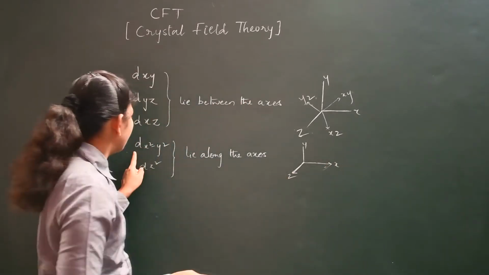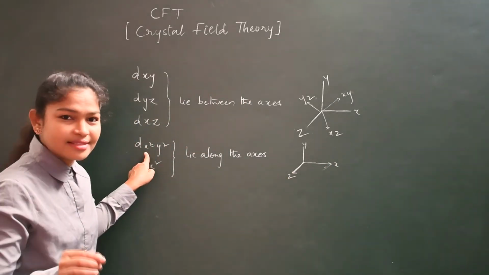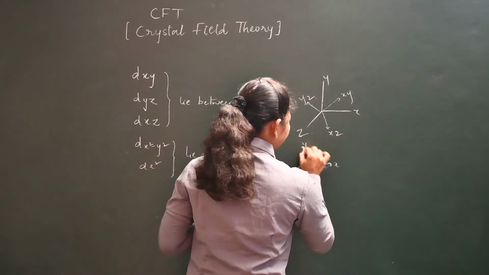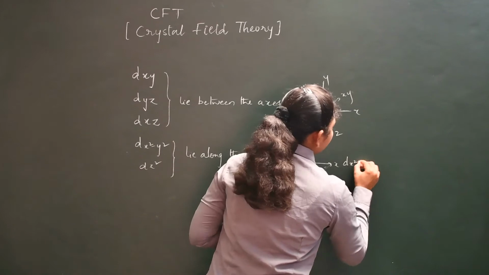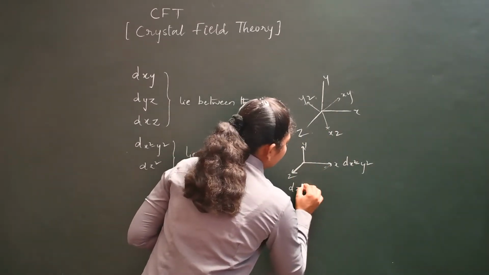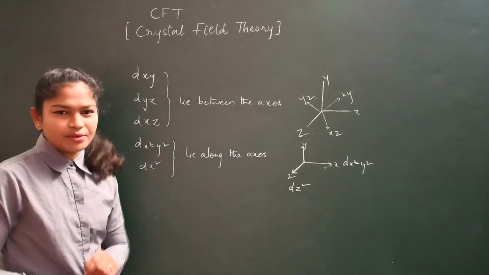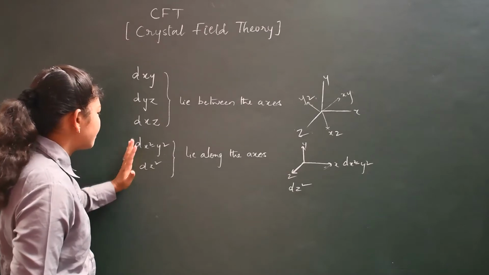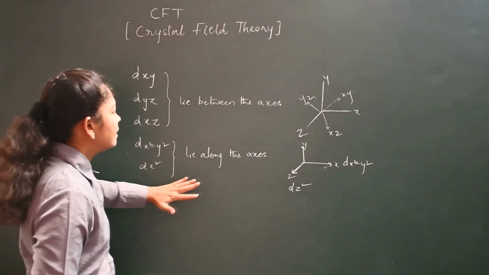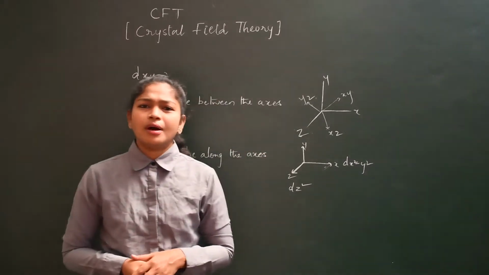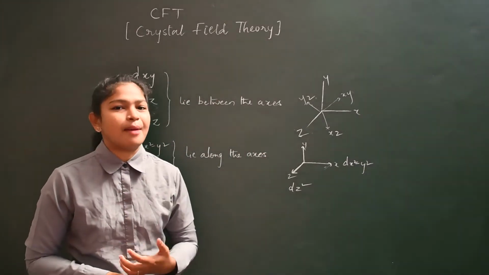If it is on axes x and y, then we have dx square minus y square. If it is along this axis, then we have dz square. Just remember that, it's a basic concept. These 3 lie between the axes, and dx square minus y square and dz square lie along the axes. According to this only, the splitting happens here.